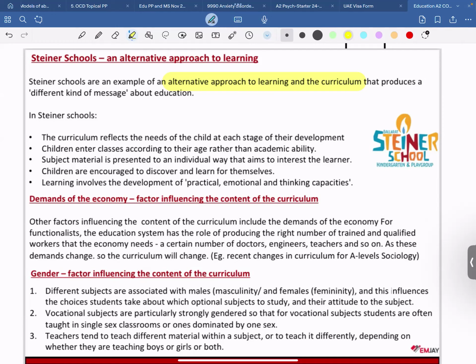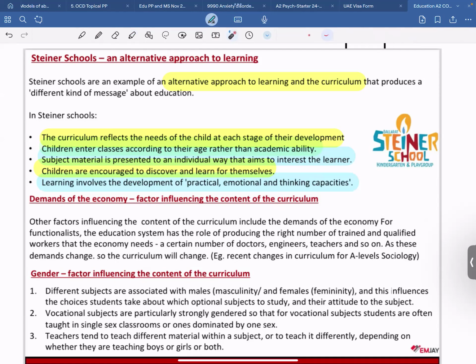The curriculum reflects the needs of the child at each stage of their development. Children enter classes according to their age rather than their academic ability. The subject material is presented in an individual way that aims to interest the learner. Children are encouraged to discover and learn for themselves. Learning involves the development of practical, emotional, and critical capacities.